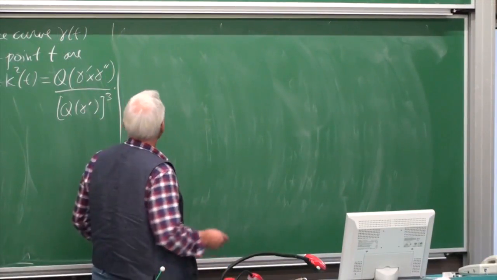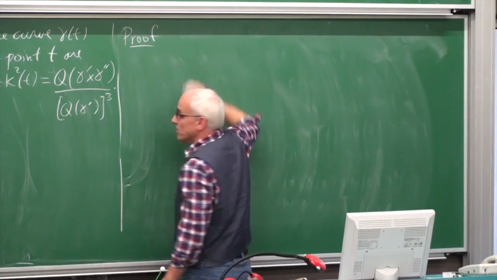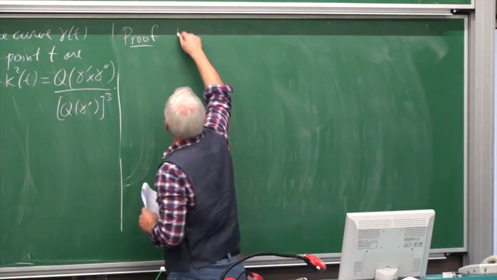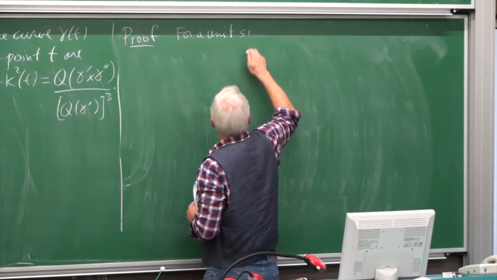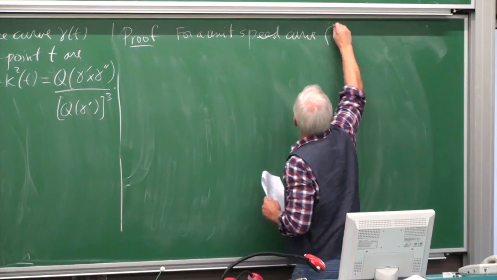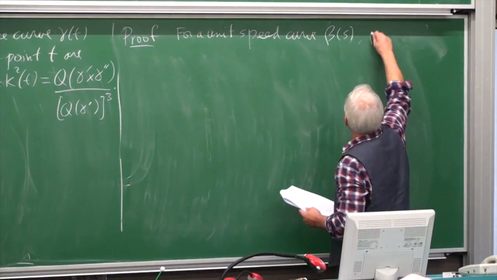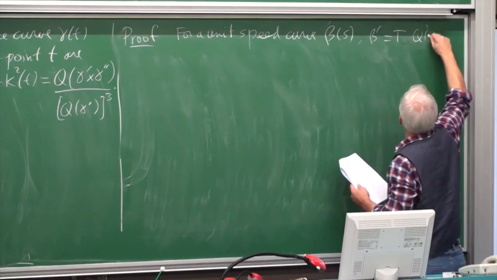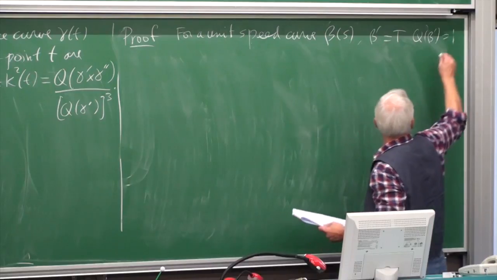All right, so let's have a think about the proof. I'm going to talk about the unit speed curve case first. So for a unit speed curve, beta of s, where the parameter is s, in that case beta prime is what we're calling t, and we know that the quadrance of beta prime equals 1.